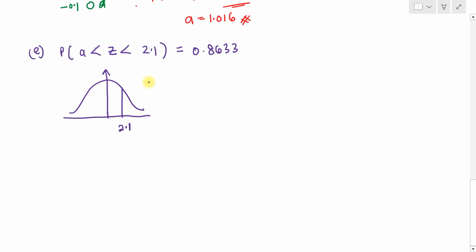2.1 is here. Your A, if let's say here, let's say we shade here, adakah logic bahagian ini more than 0.5? Sedangkan kesemua bahagian ini 0.5, hanya this little bit is 0.8633, is not logical. Correct, right?